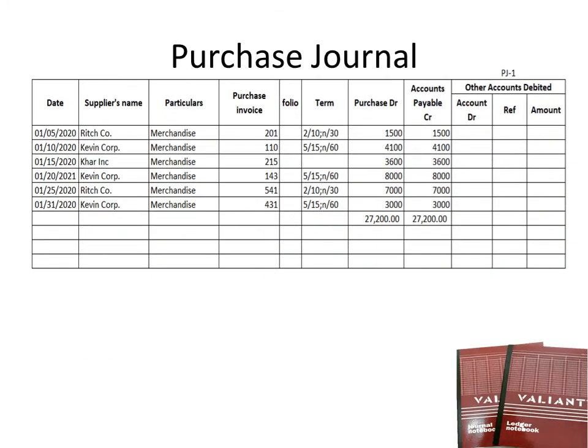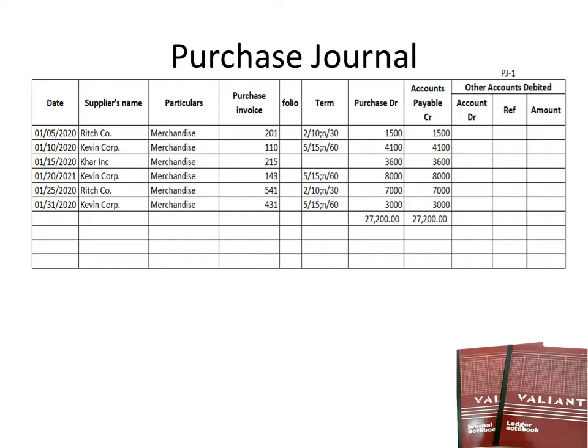So here is how we record it in the PJ1. Because it's only one page, PJ1 is our reference when we put it in the ledger. Folio we don't have, because we haven't posted the different accounts to the ledger yet. That's why I didn't fill it up. So you have the date, remember the date that we had in our invoice.